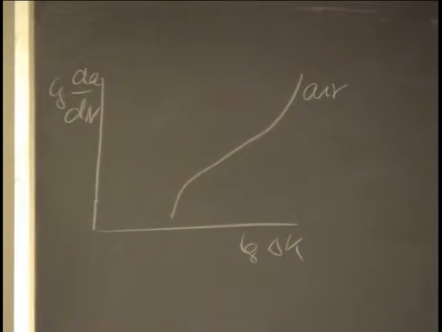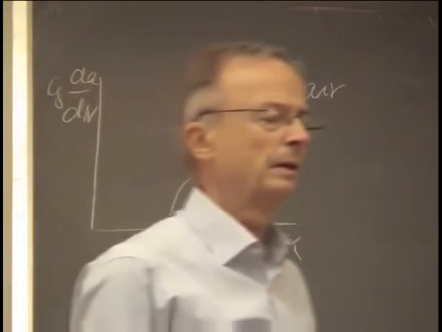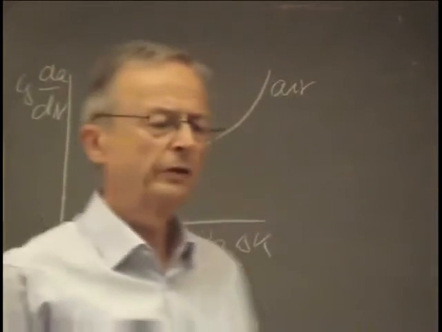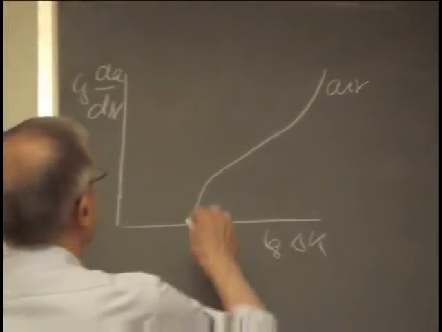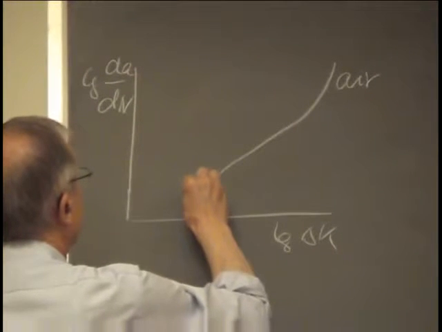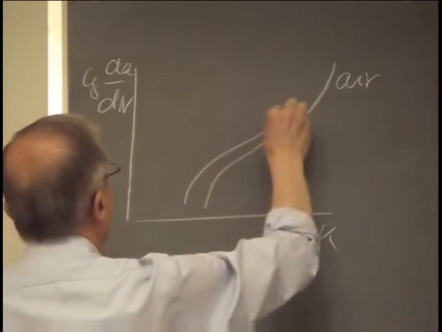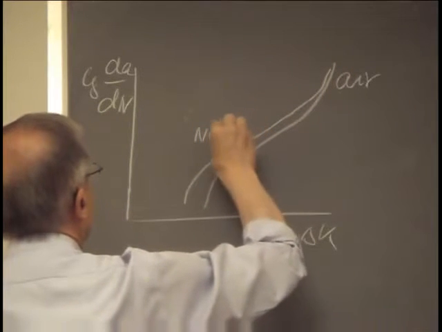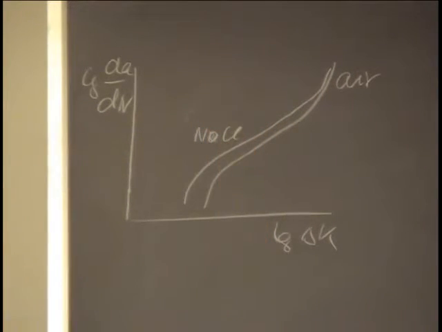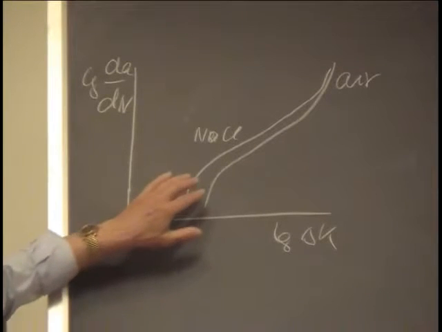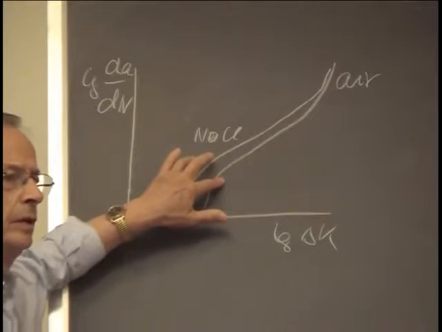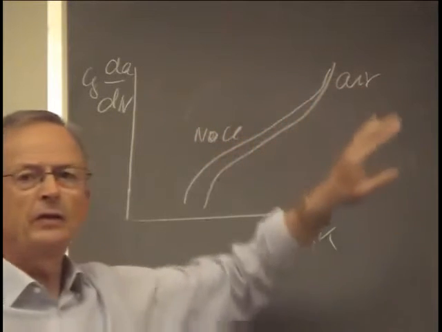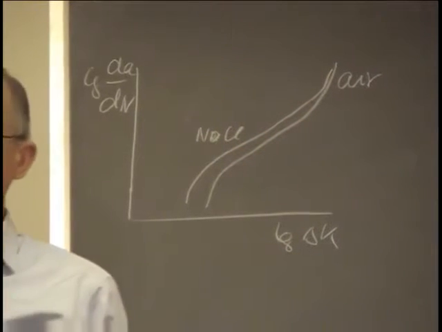And now we do the same kind of test, say at the same frequency, in maybe salt water, and we find something like this here. So this is NaCl water. And at low rates there is quite a difference, but at higher rates both curves converge.